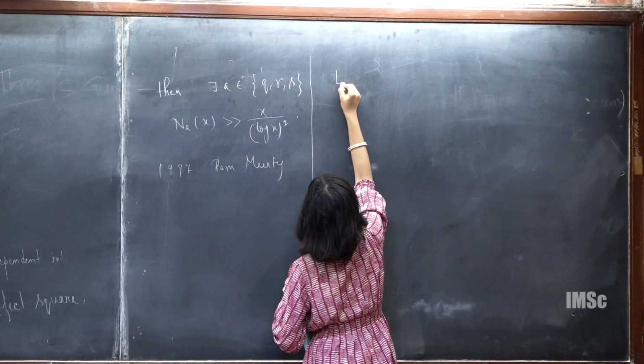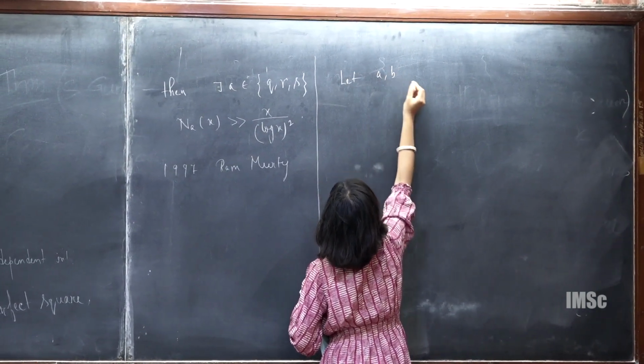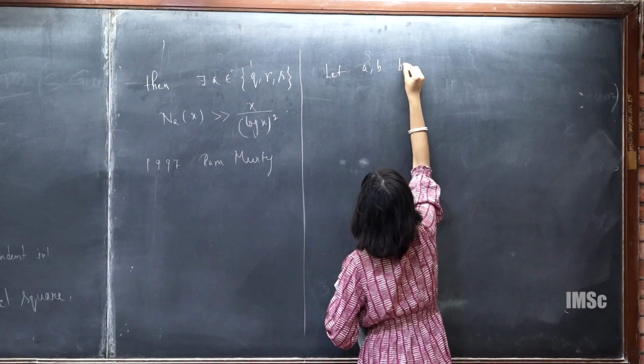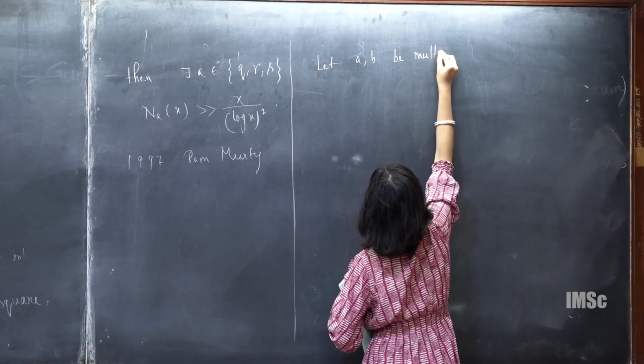So let A, B be multiplicatively independent.